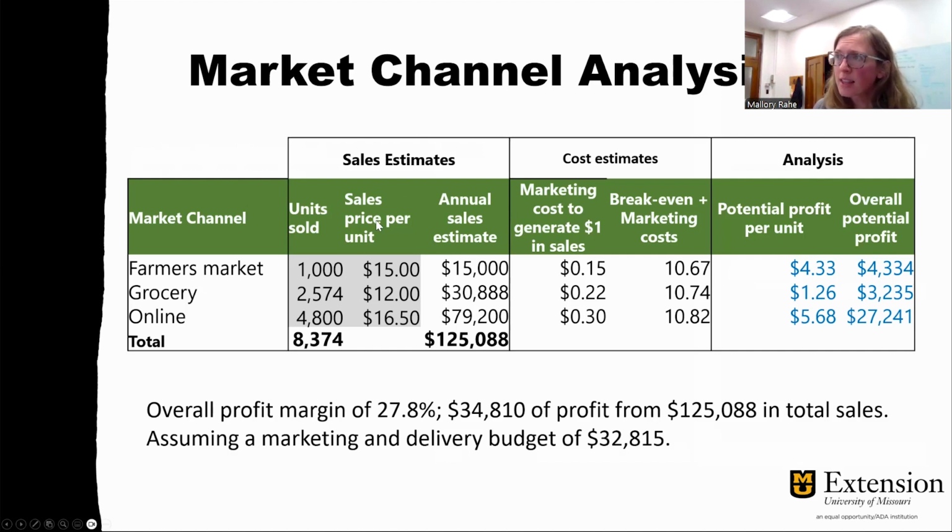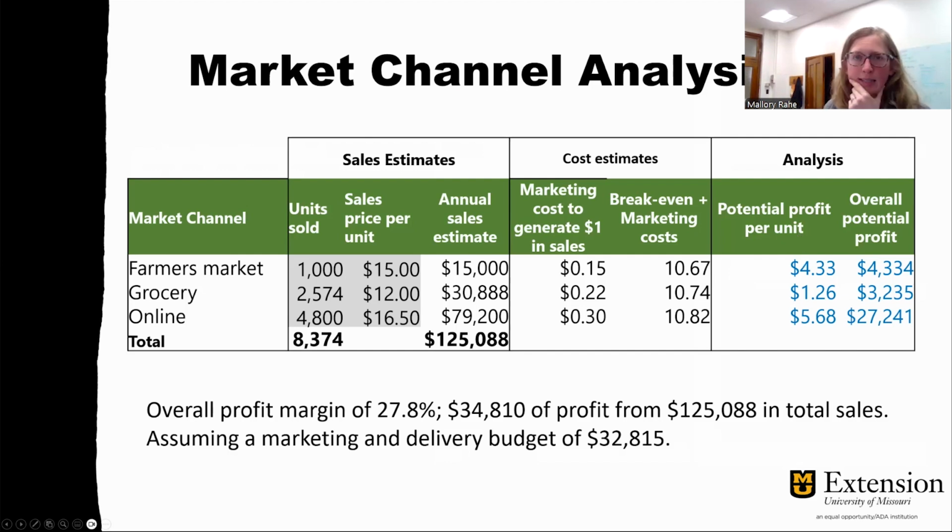So if you look at this, my most efficient market channel is actually my farmers market, right? 15 cents for every dollar I generate in sales. Okay, that's interesting. I already know my break-even cost. So the tool, and I've entered that in the spreadsheet, it shows me my marketing costs plus my break-even costs. And then it shows me my potential profit per unit.